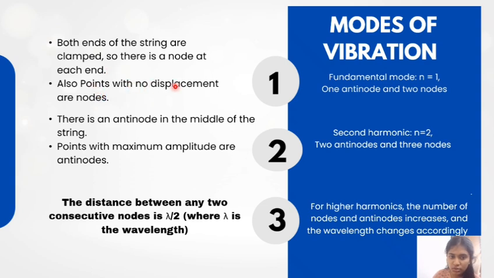Points with zero displacement are nodes, and points with maximum amplitude are antinodes. For higher harmonics, the number of nodes and antinodes increases as the wavelength decreases. The distance between any two consecutive nodes is lambda by 2. We'll move to the next slide and discuss this through a diagram.